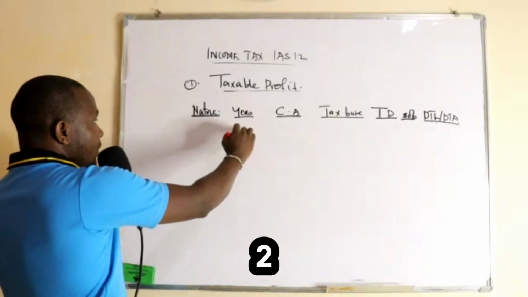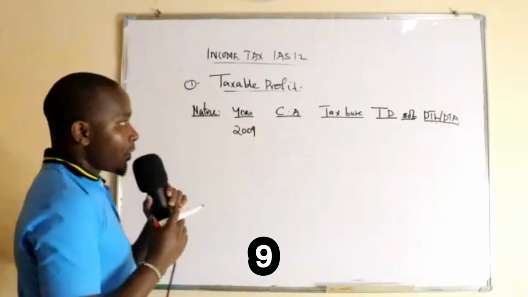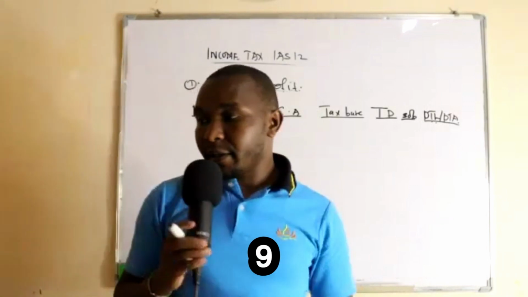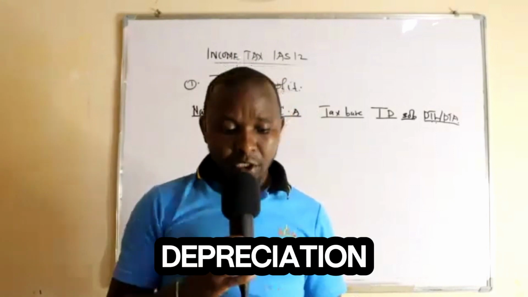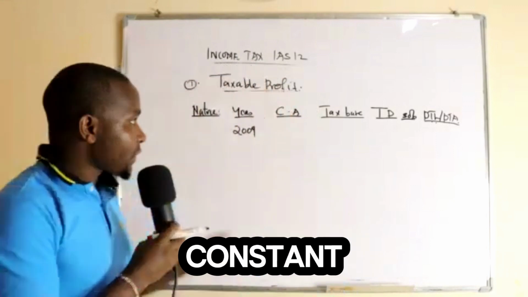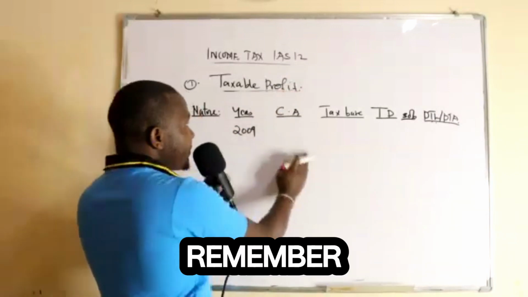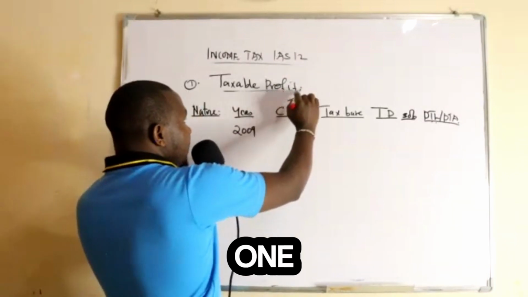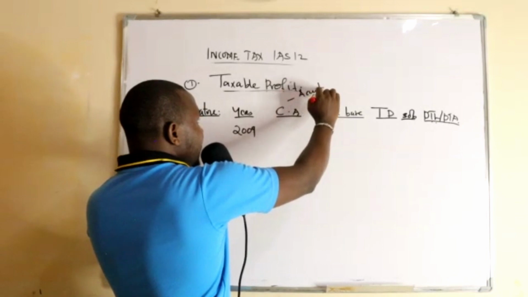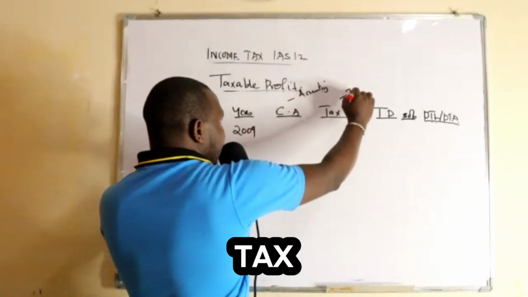So 2009. What was the value of the depreciation? The value of the depreciation is constant throughout the period, which is for accounting purpose. Remember, this one is for the accounting, and this one is for the tax.